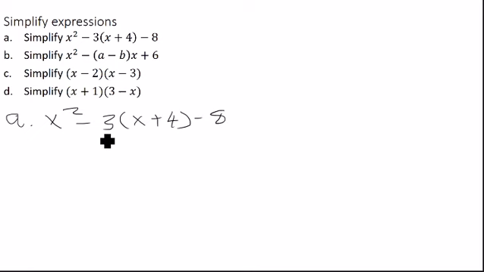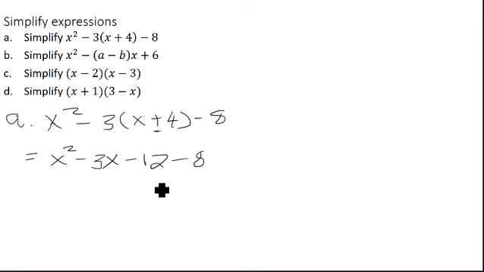Now we can distribute the negative 3 inside this parentheses, and remember to change the sign after you multiply inside by the negative. If we do that, then we have x squared coming from the first line, minus 3 times x is 3x, and minus 3 times plus 4 is going to be negative 12, minus the 8 from the previous line.